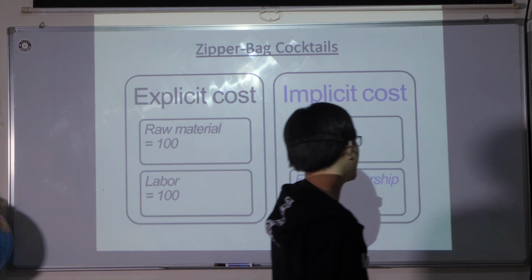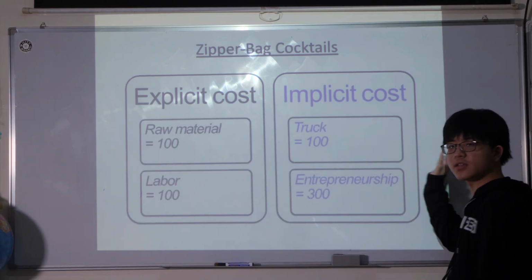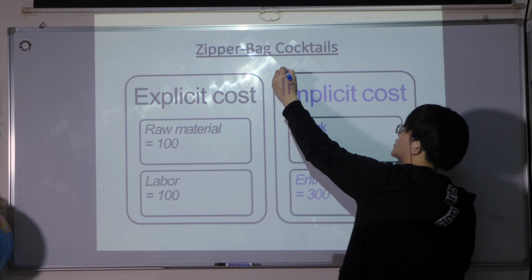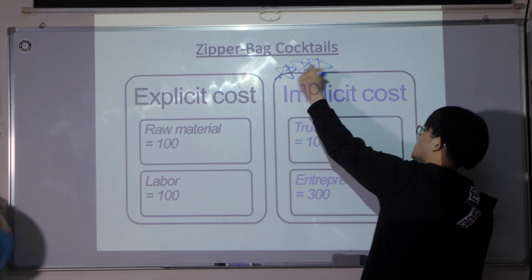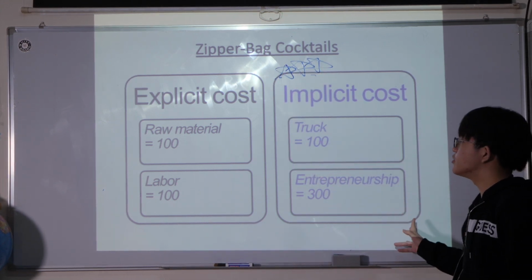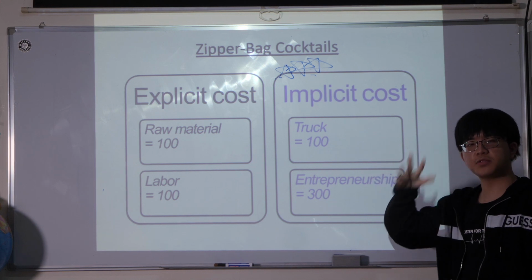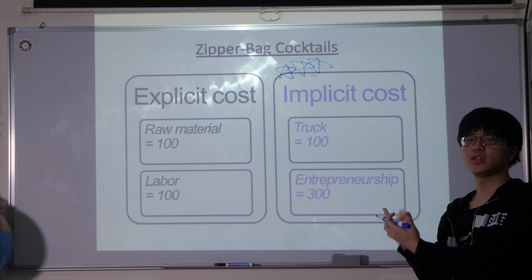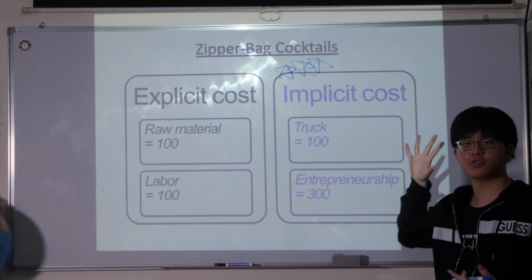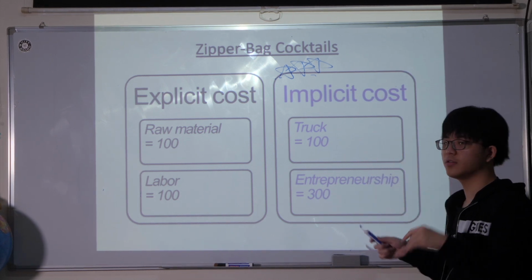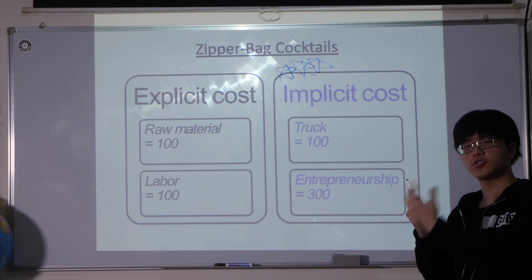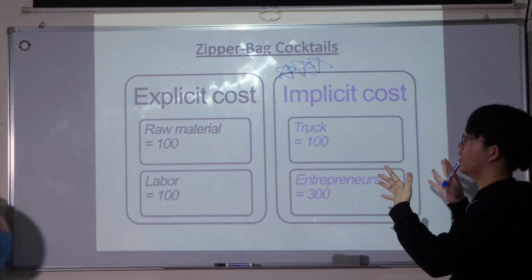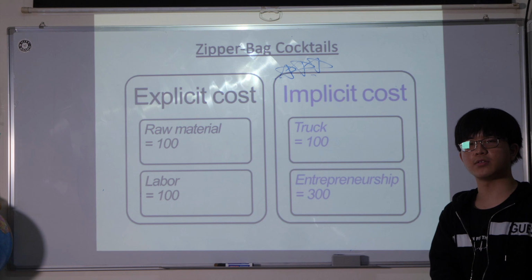But we have implicit cost, and this is actually quite a tricky part. I bought a truck to sell my cocktails. It's like a food truck. So on the road, you can just stop your truck and start to sell your zipper bag cocktails, right?